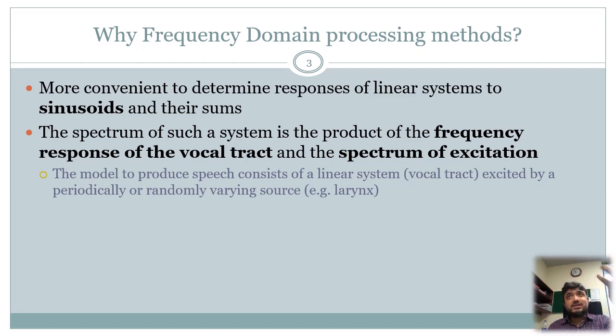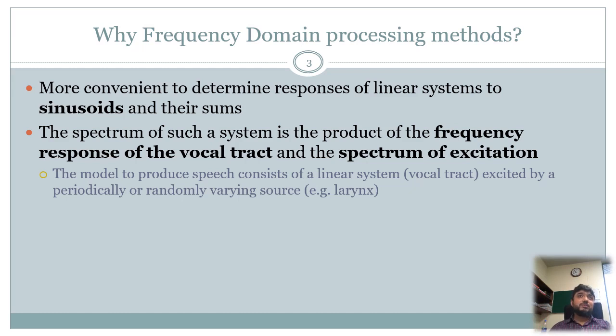So the resultant waveform that we receive, which is speech, essentially has both characteristics in it. It has the frequency response of the vocal tract, and it has the spectrum of the excitation. Both of those things, the excitation source and the filter, are present in that waveform.